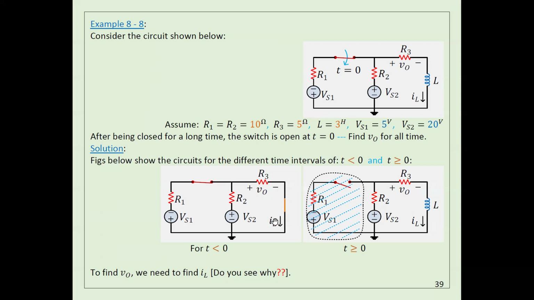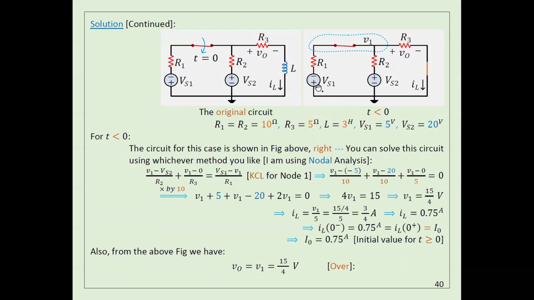How can I calculate the current here? For sure you can use mesh, but it may be more complicated because you need to find two equations, because remember, this is just a short circuit here. I think nodal analysis is much better for me because I have only one node here. Using only one equation, I can find the current here.